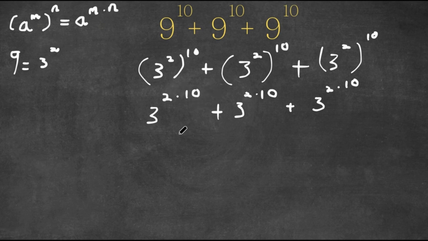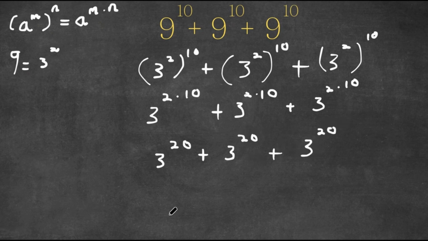Now 2 times 10 is 20. So we have 3 to the power of 20 plus 3 to the power of 20 plus 3 to the power of 20.